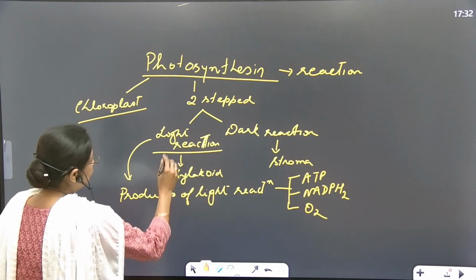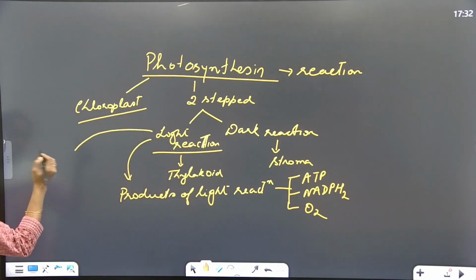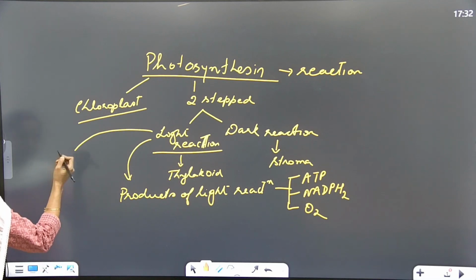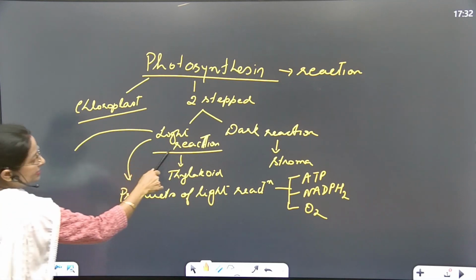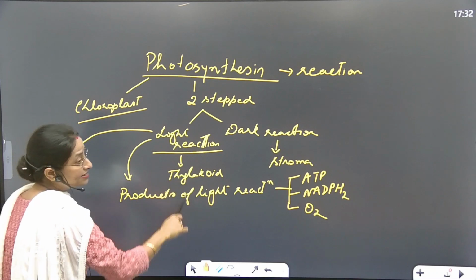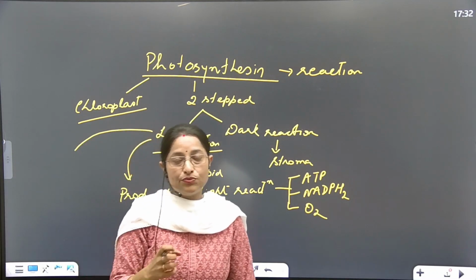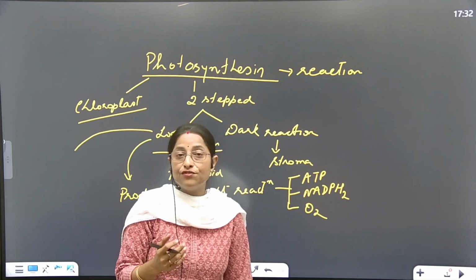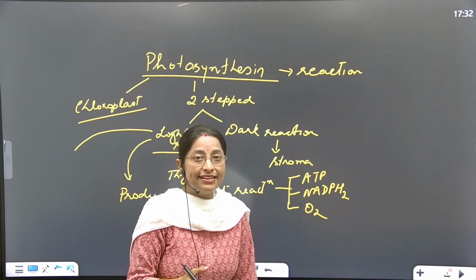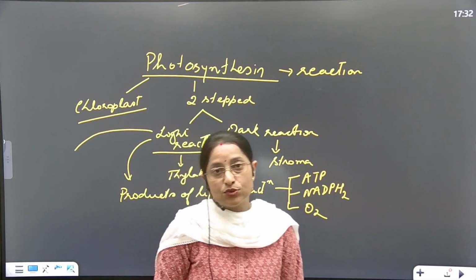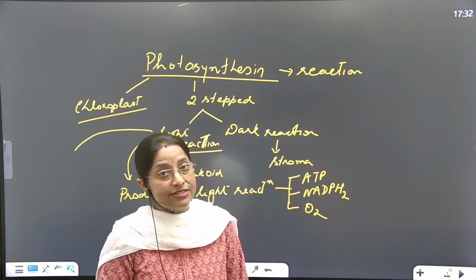Together with the products, we have also spoken about where light reaction occurs. It occurs in the thylakoid. Why does it occur in the thylakoid? Because the pigments are present. When we talk about the pigments, we understand that the pigments are arranged in the form of groups. How many groups are there? There are two groups, that is PS1 and PS2. What was the first step of photosynthesis?